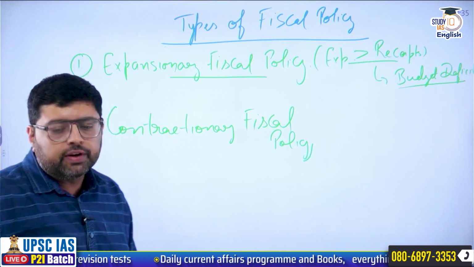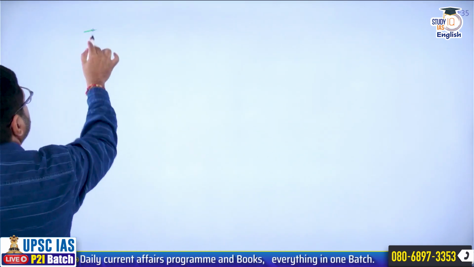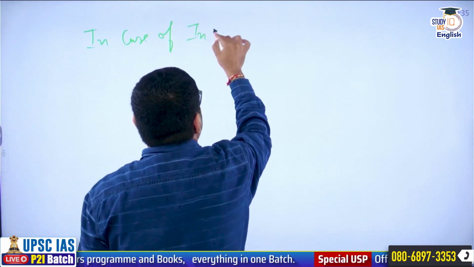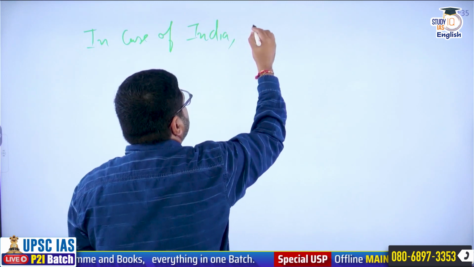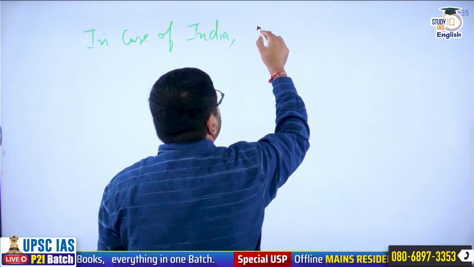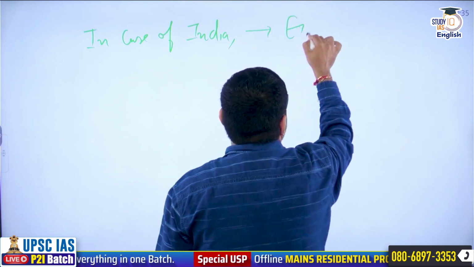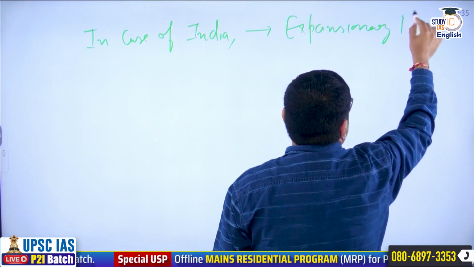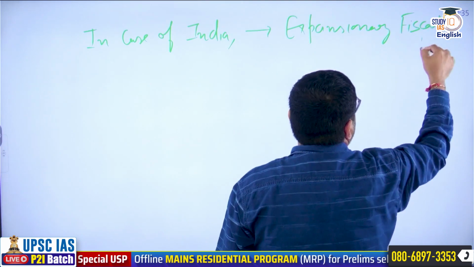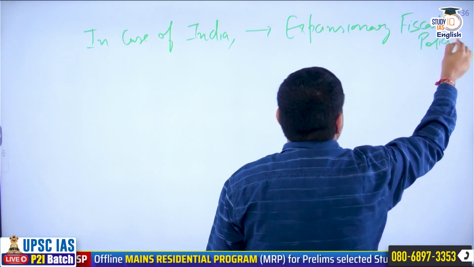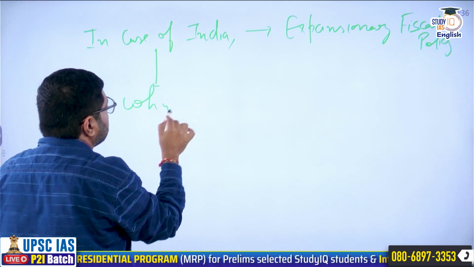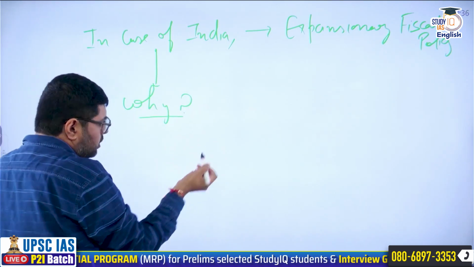Now, in case of India, our government has expansionary fiscal policy. Can anyone tell me why? There are certain reasons.